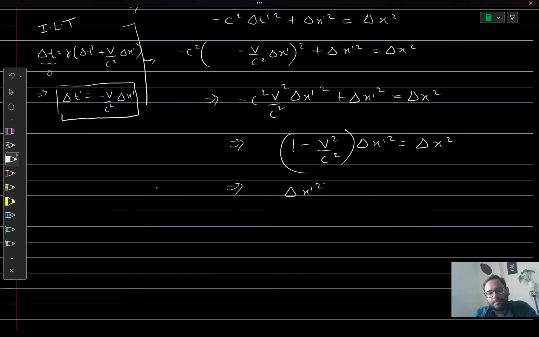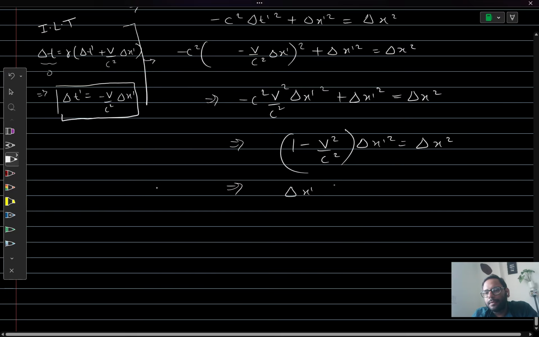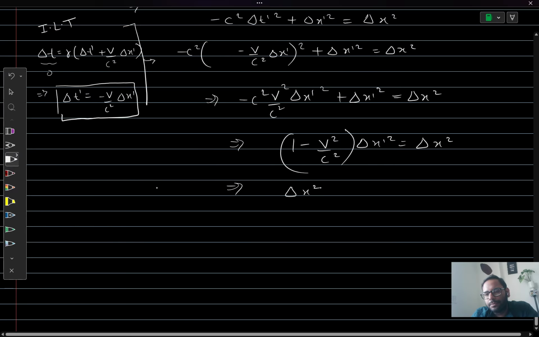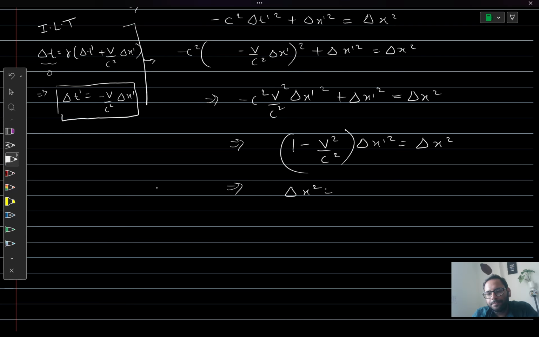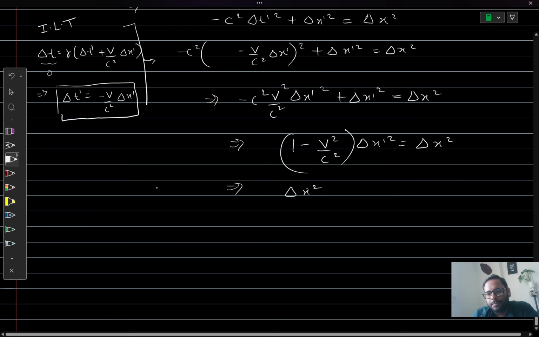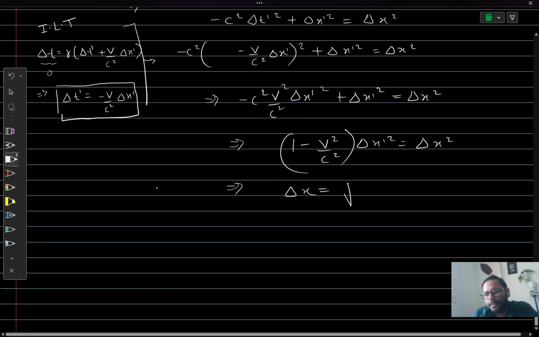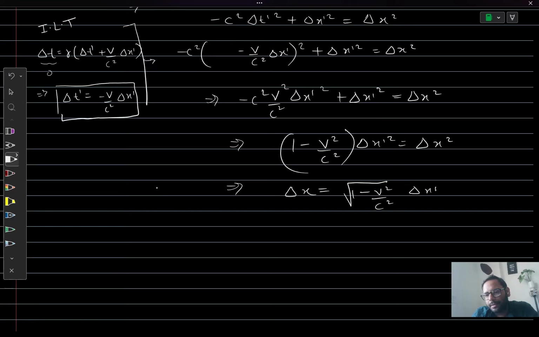So of course, you will take its root now. This will be the square root of 1 minus v squared by c squared times del x prime.